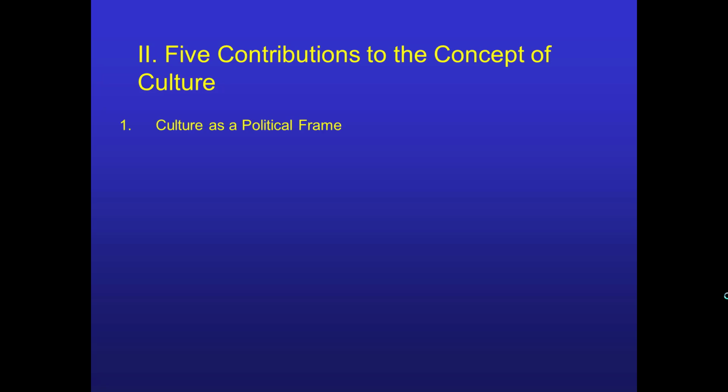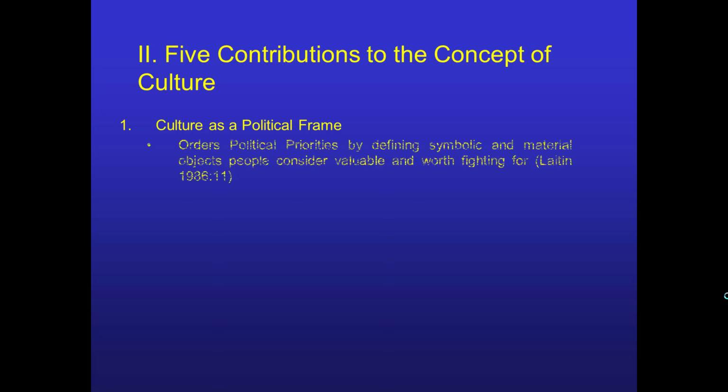If we begin, in the most abstract, formulaic way, we understand culture to be a political frame. Culture as a political frame is really stage one. And what do I mean here?